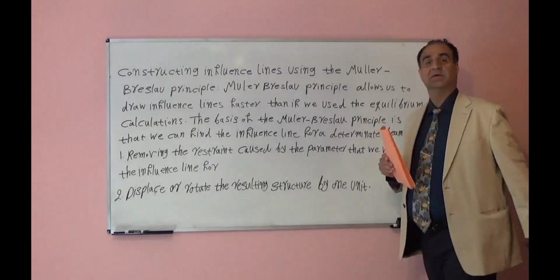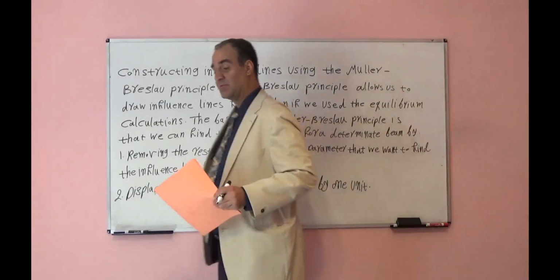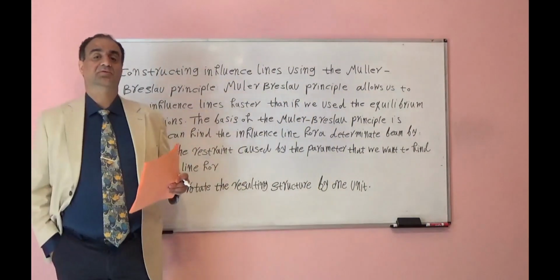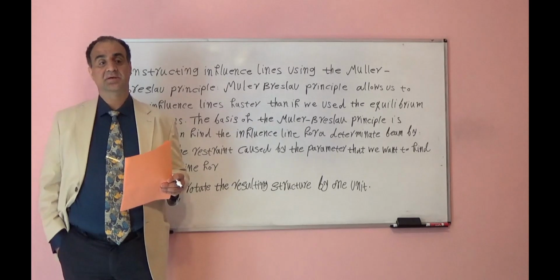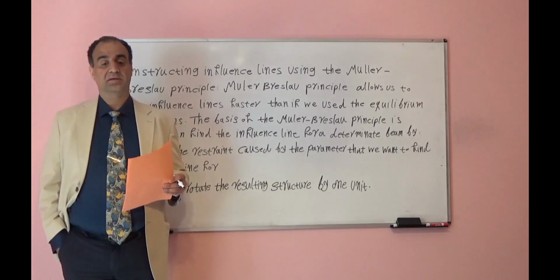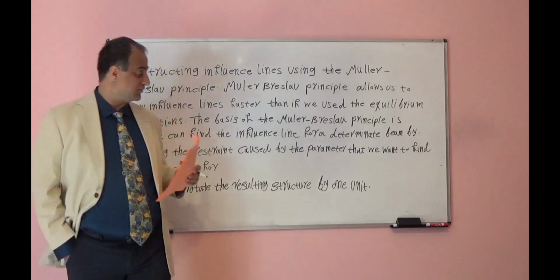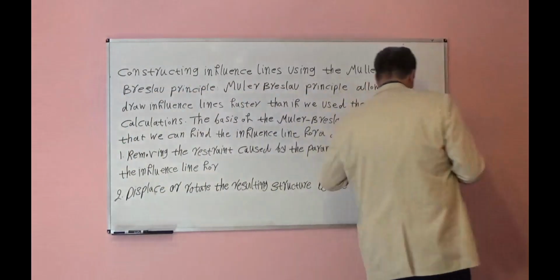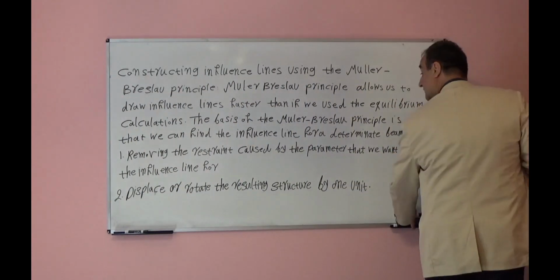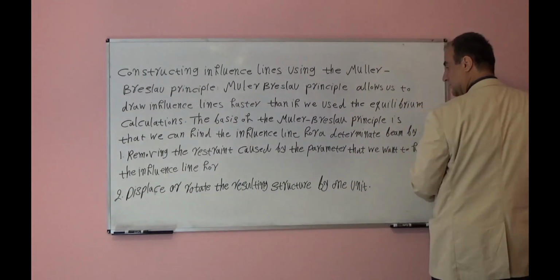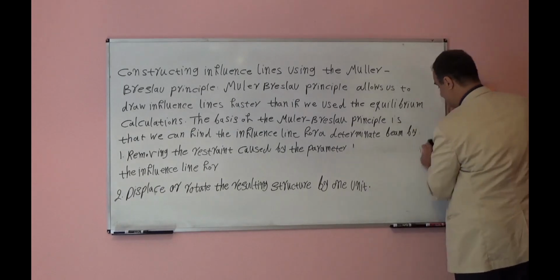First step, we will remove the restraint for that parameter. We want to draw influence line for that parameter. Second step, we will apply unit displacement or rotation at that point. Let's see when unit displacement and when unit rotation. I should remove this because I don't have space.